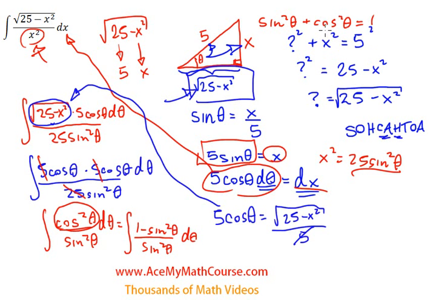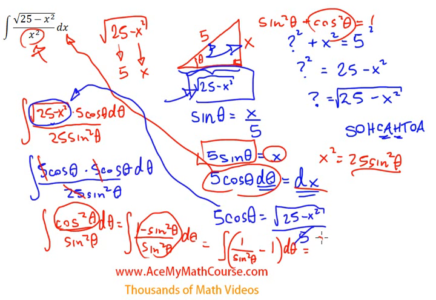So if I isolate cos squared theta, I get just 1 minus sine squared theta. And how does this help us? I can split up this fraction into 1 over sine squared theta minus 1.